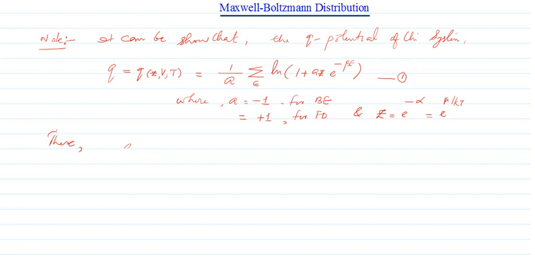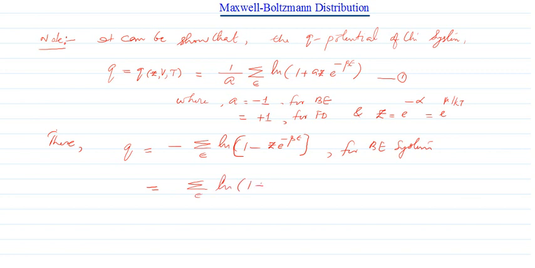So Q is equal to minus sum over energy values of log of 1 minus Z e raised to minus beta e for ideal Bose systems or Bose-Einstein systems, and Q is equal to plus sum over E of log of 1 plus Z e raised to minus beta E as far as the Fermi-Dirac systems are concerned.